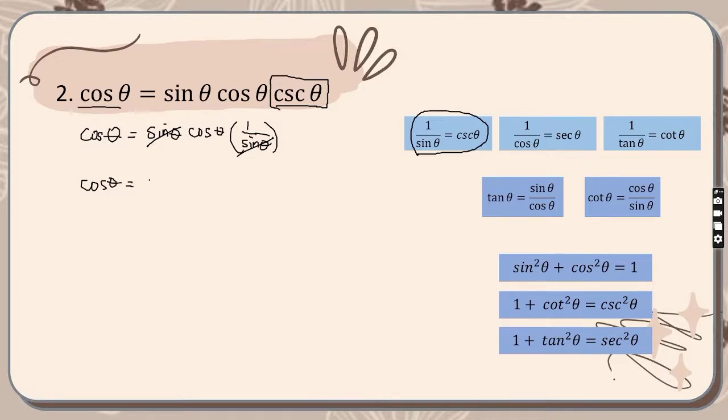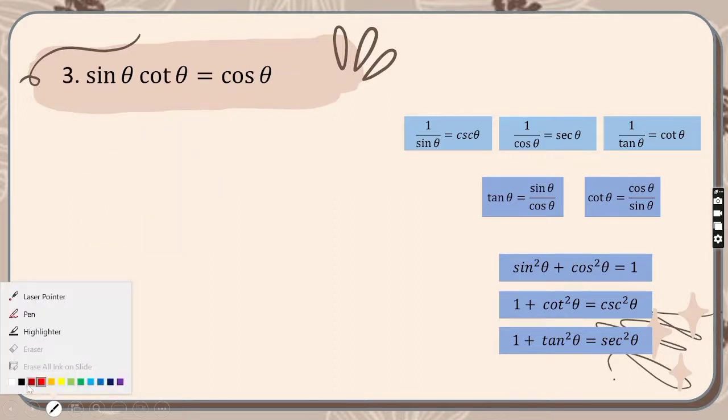So, ang matitira na lang ay cosine theta times 1. So, cosine theta is equal to, so when you multiply cosine theta to 1, ang lalabas lang ay cosine theta. So, therefore, equal na sila. So, we have already proven that the trigonometric identity is equal.